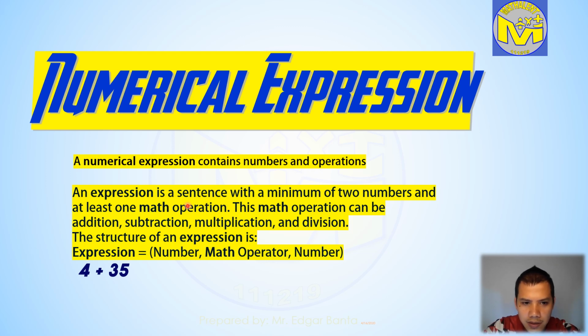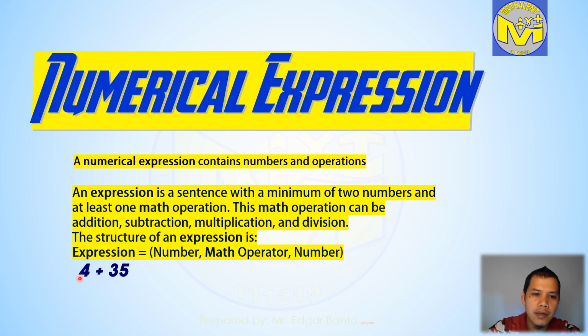We have the number sentence 4 plus 35. Minimum of 2 numbers: we have 4 and 35. And at least one math operation: we have plus. So this is a numerical expression in arithmetic.